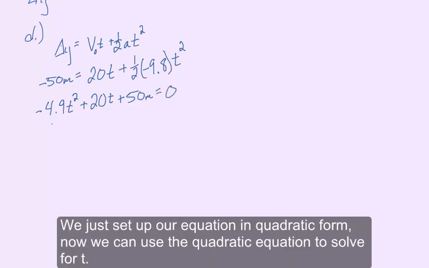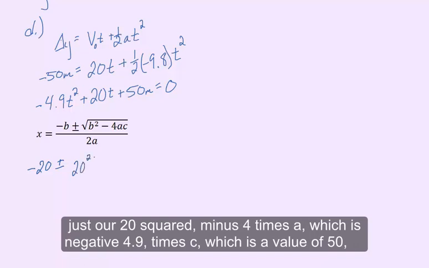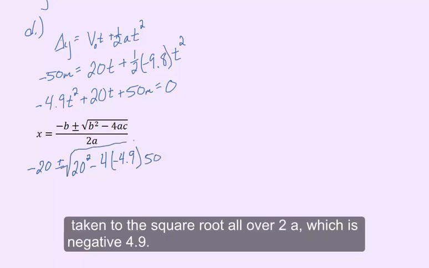We just set up our equation in the quadratic form. Now we can use the quadratic equation to solve for t. If we write our equation in quadratic form, we take our negative b, which is our 20, plus or minus the square root of b squared, which is our 20 squared, minus 4 times a, which is negative 4.9, times c, which is our value of 50, all over 2a, which is negative 4.9.